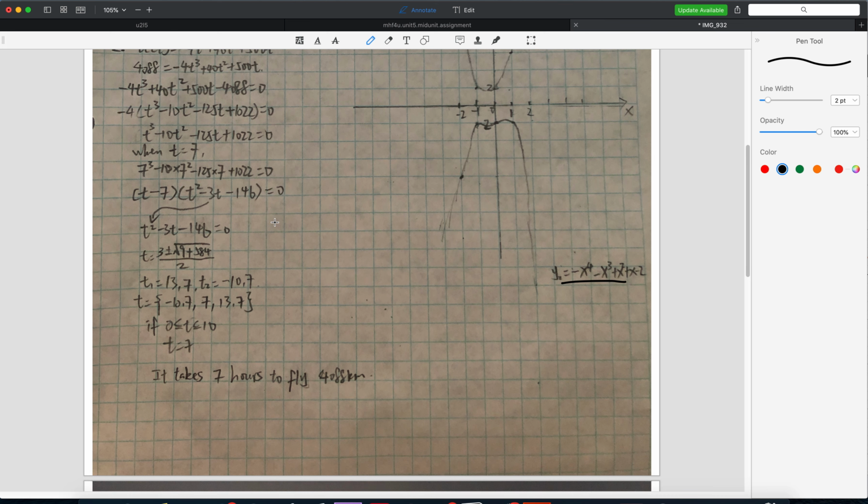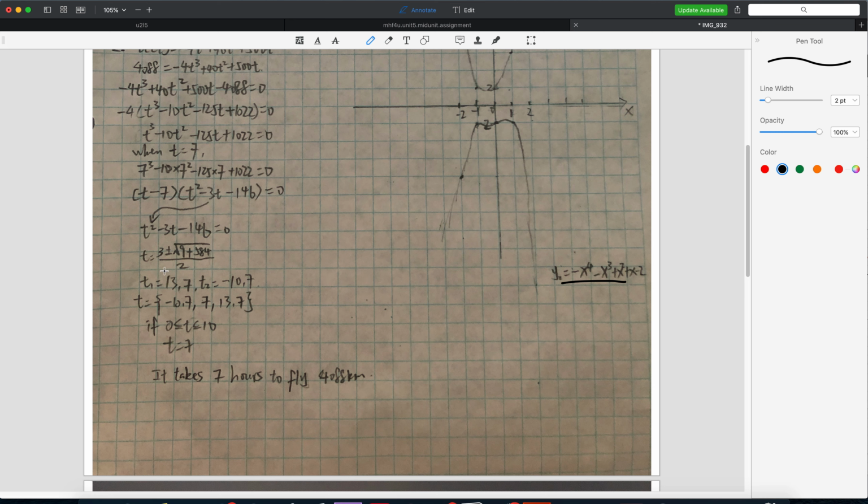So my 7 is the first solution, and then I can just plug the 7 into this equation and solve this quadratic equation here. That's pretty easy.